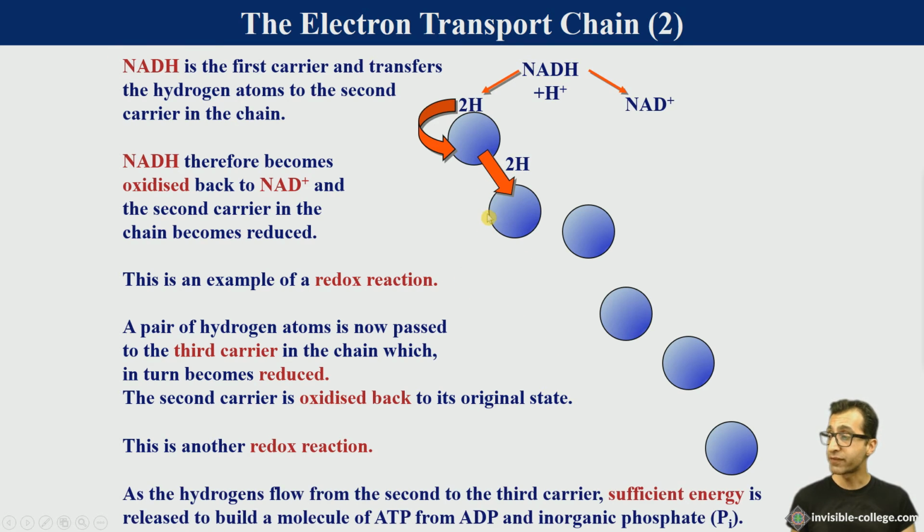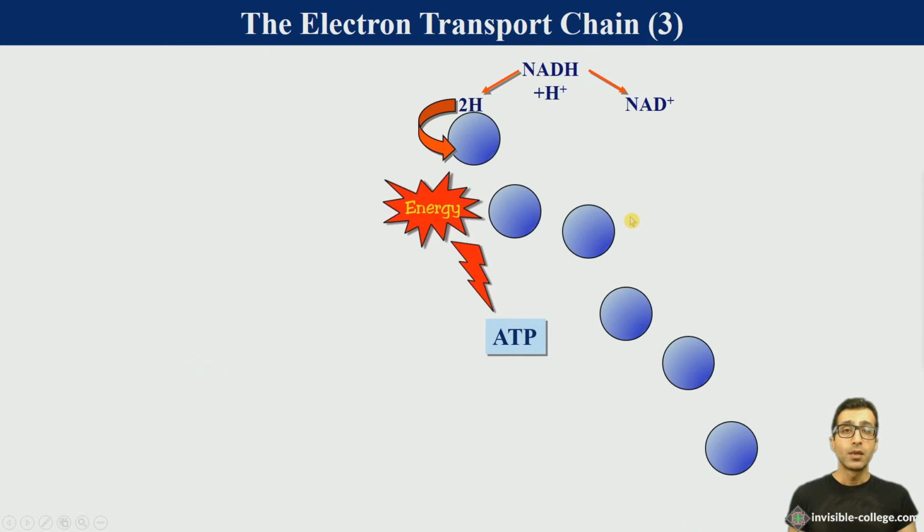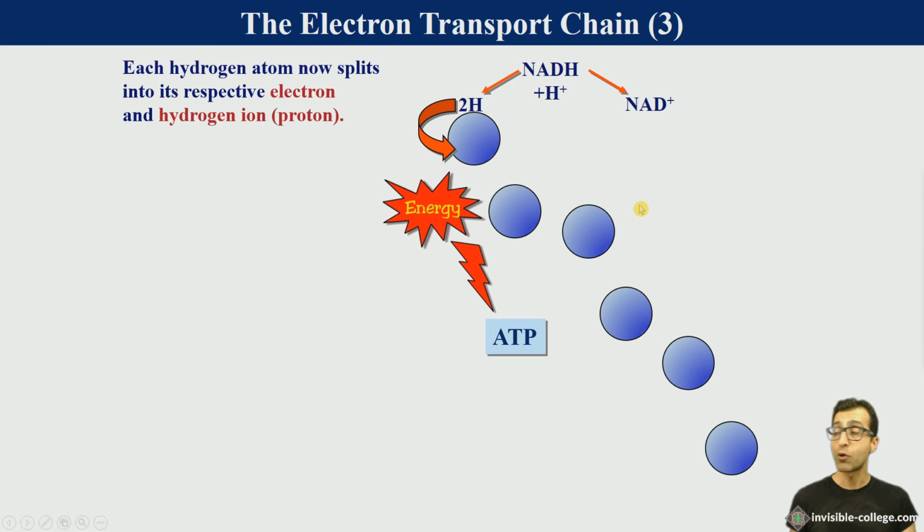As the hydrogens flow from the second to the third carrier, sufficient energy is released to build a molecule of ATP from ADP and a free inorganic phosphate. So here we have produced an ATP molecule. Now, each hydrogen atom then splits into its respective electron and hydrogen ion, or proton.